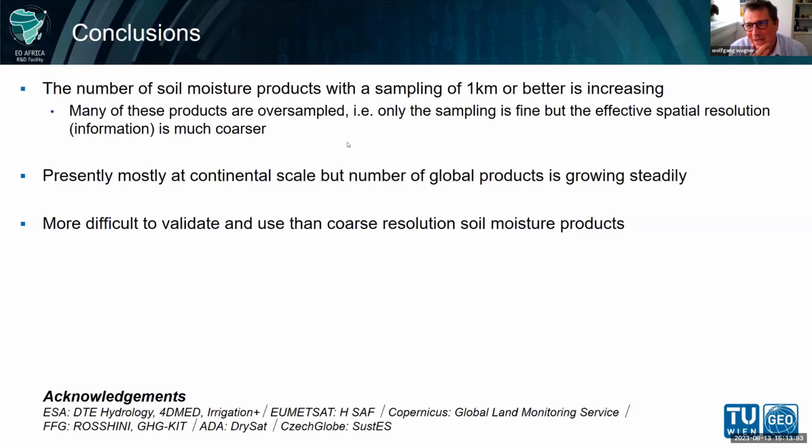So if you're more on the application side, I would first start with coarser resolution data to check how far you can come. And if you then still say, no, I need higher resolution because I need to see those details, then you can go to the emerging finer resolution products.